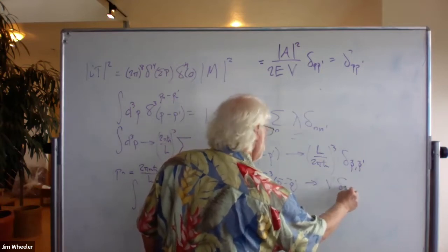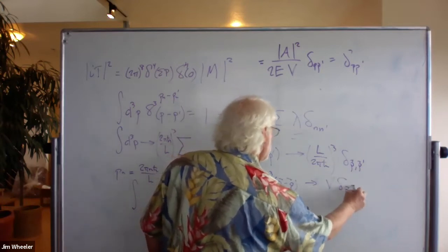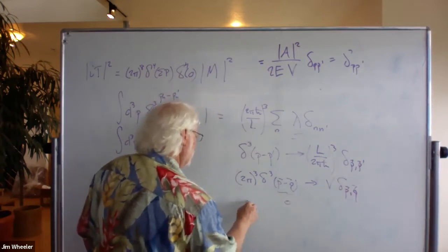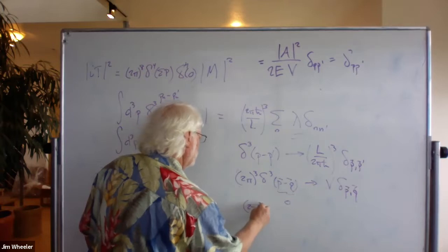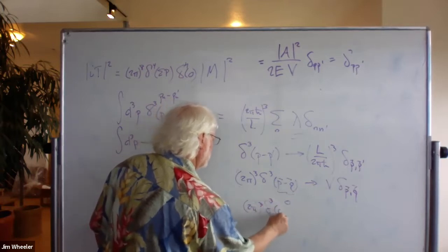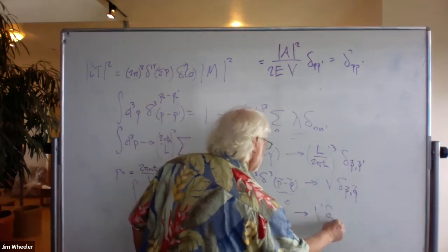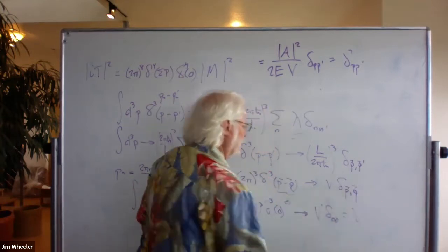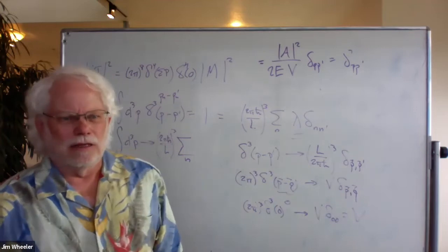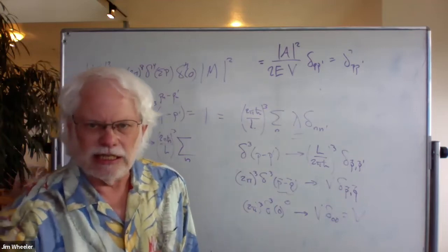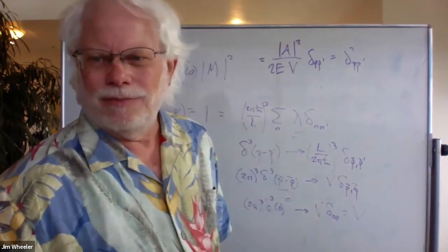So δ³(p). And then when we set this argument to 0, we have (2π)³ δ³(0) is going to be replaced just by V δ_0,0, which is just V. And we're free to put in factors of Planck's constant and the speed of light anytime we need them.